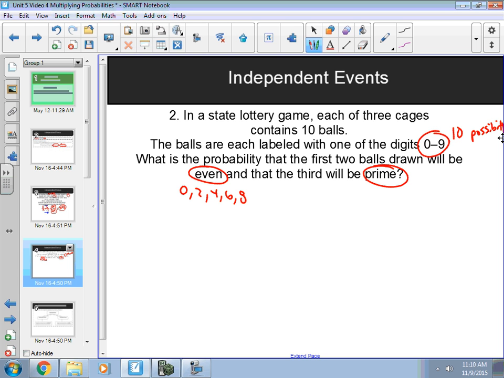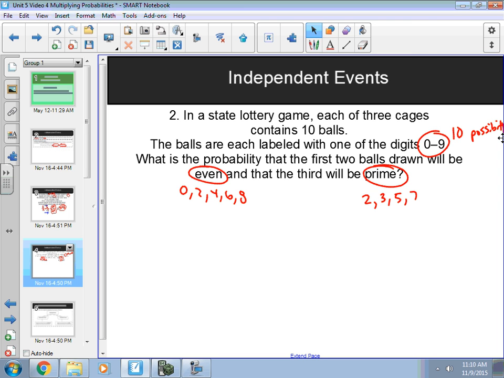And 1 itself is not prime because we consider 1 to be neither. So we got 2 would be prime. It's the only even prime number. 3 would be prime. 4 is not prime because 4 can be divided by 2. 5 is prime. 6 is not prime because it's divisible by 2 and 3. 7 is prime. And 8 and 9 would not be prime because they're both divisible by either 2 or 3. So there's 4 prime numbers.